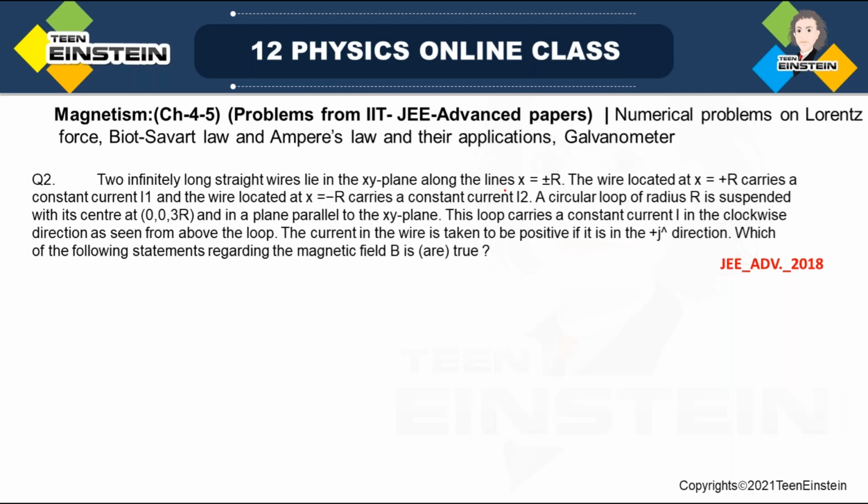So both of them will be in the same direction. The magnetic field produced by the wires will be in the positive k direction.